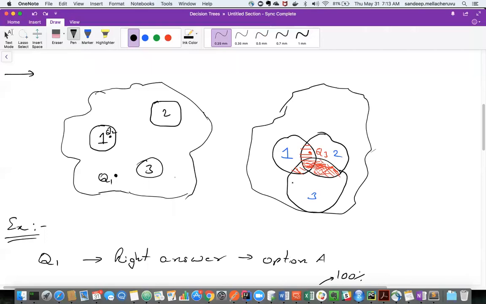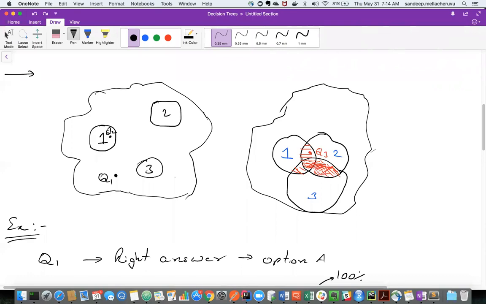Individually, let's say person 3 is going to cover all this area. He is going to answer wrongly in this entire area individually. But collectively, the area where I can answer wrongly is going to reduce. Because of 3 persons, the area that is overlapped here is reduced very much.